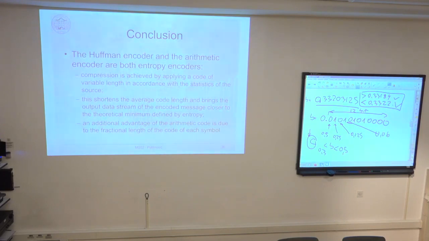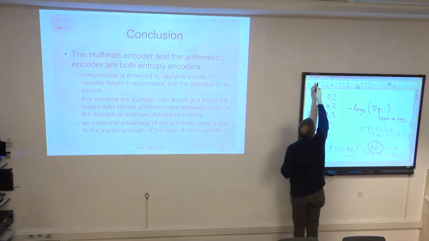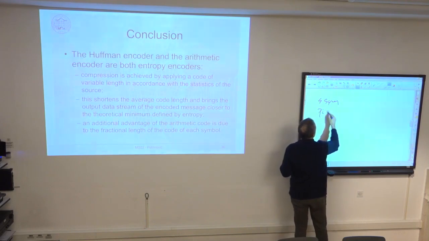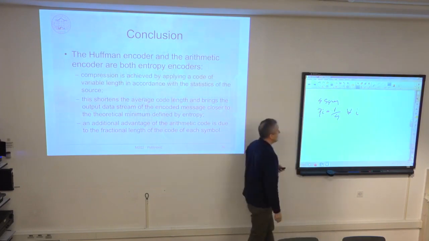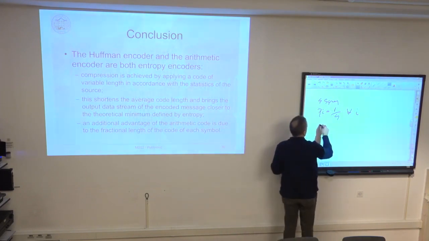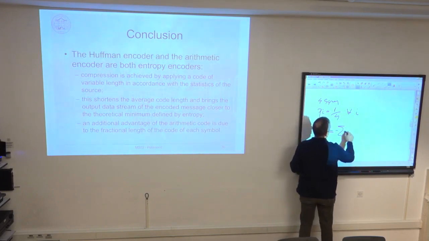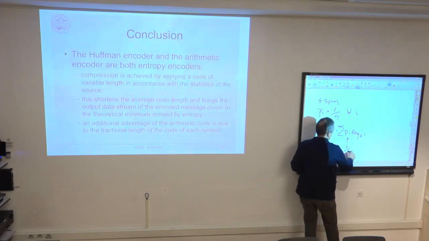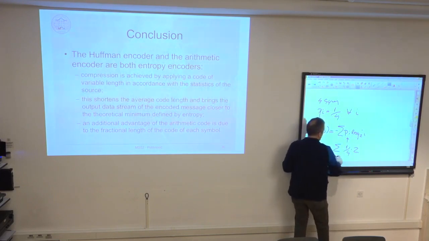So, for example, a trivial example: if I have 4 symbols, and the probability is equal to 1/4 for every symbol, then the entropy is simply the sum of p_i log2 p_i, with a negative sign, which is 1/4 times 2, summed for i from 1 to 4.